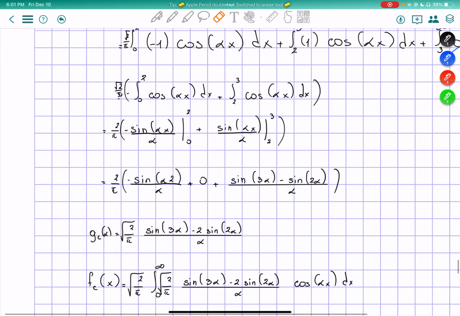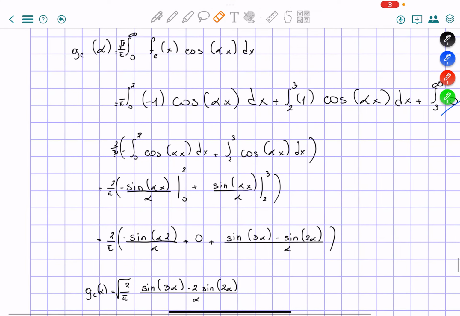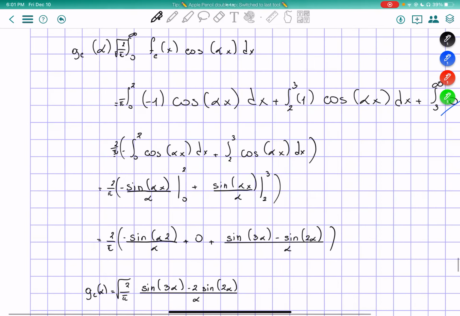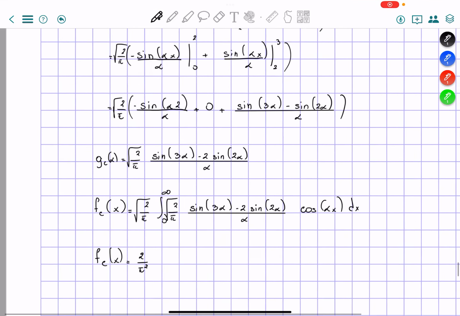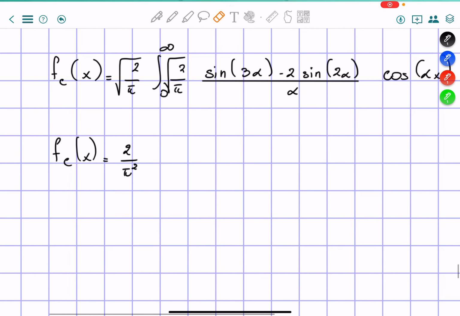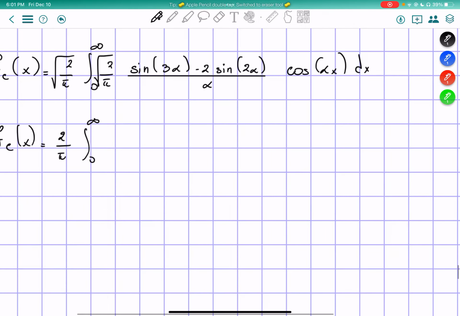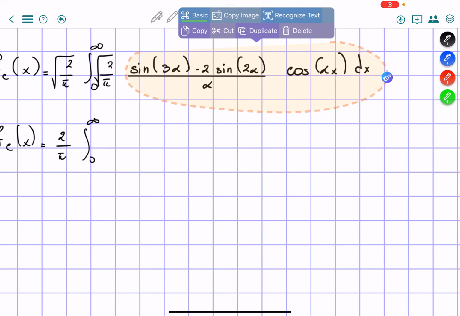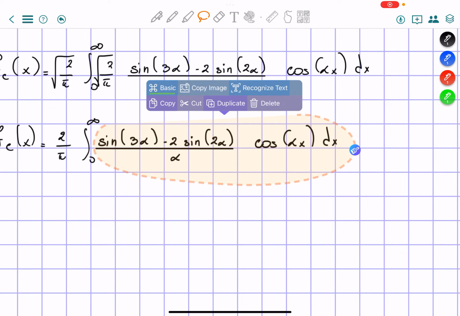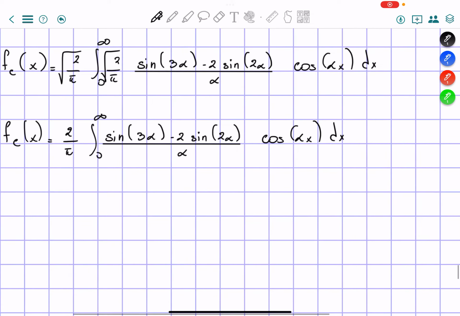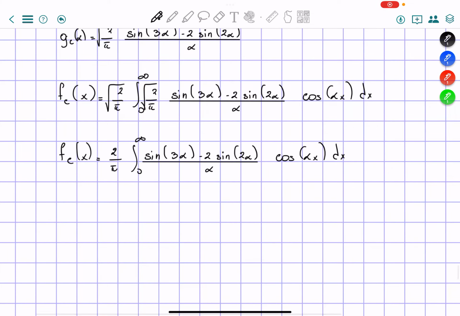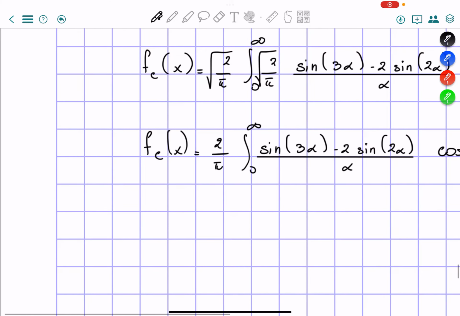So it's actually going to be equal to 2 over pi, not square root 2. And then the integral from 0 to infinity of this part over here that I'm not going to integrate because it's kind of pointless. This is the final answer for part A of our problem.